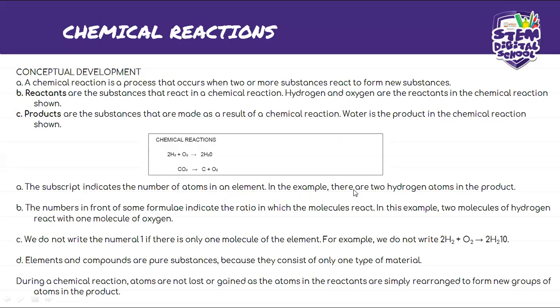In the example, there are 2 hydrogen atoms in the product. This is the subscript. So we have 2 atoms of hydrogen reacting with 1 atom of oxygen to give us water. Now let's look at the product in the second equation. The subscript for oxygen is 2, meaning we have 2 atoms. So take note.